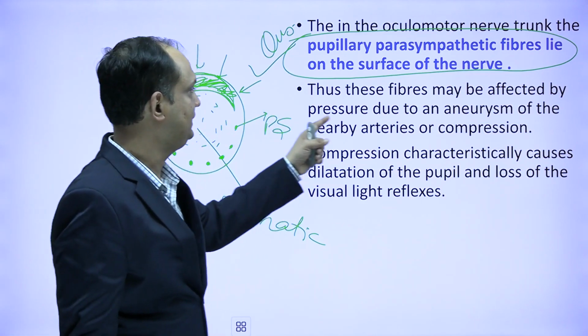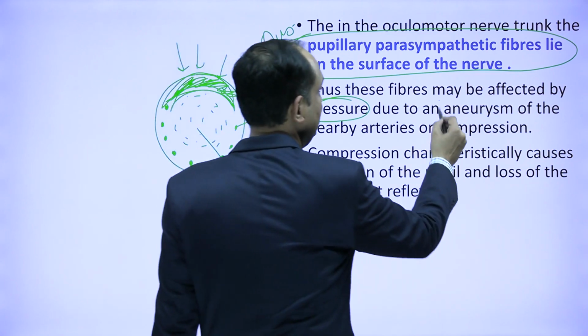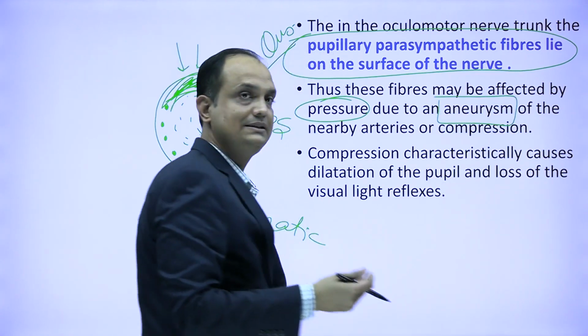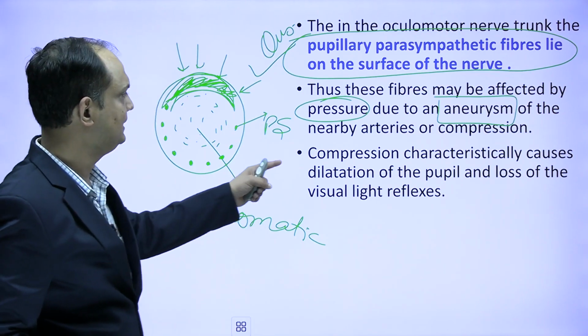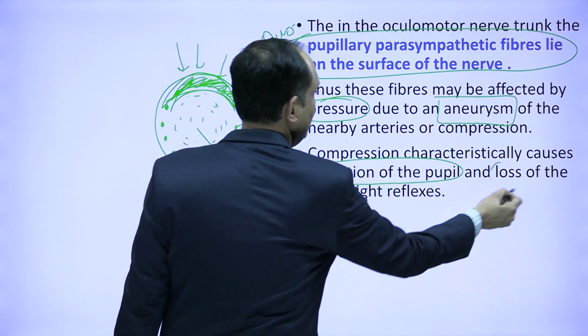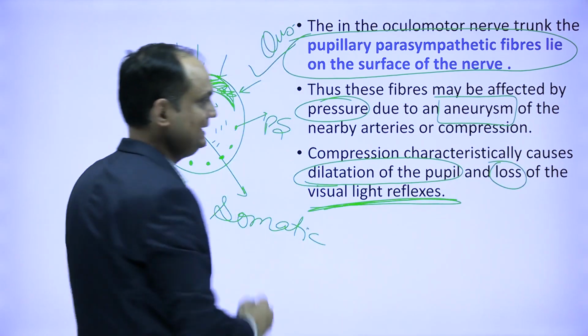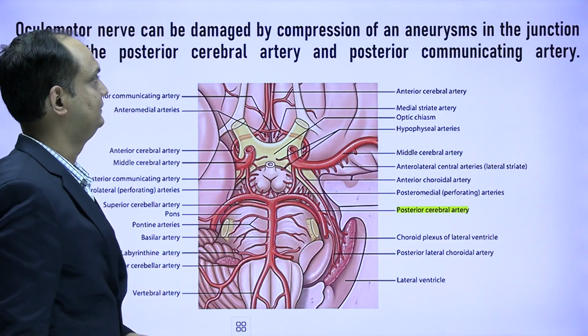These fibers may be affected by pressure, and the pressure can also be caused by an aneurysm or by herniation of brain tissue. The compression characteristically causes dilatation of the pupil, and there is a loss of the light reflex because of the involvement of parasympathetic fibers.